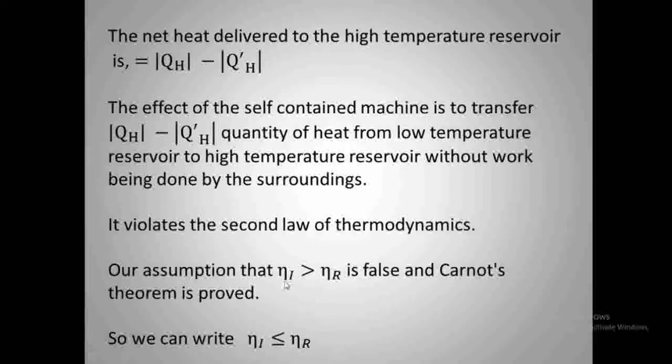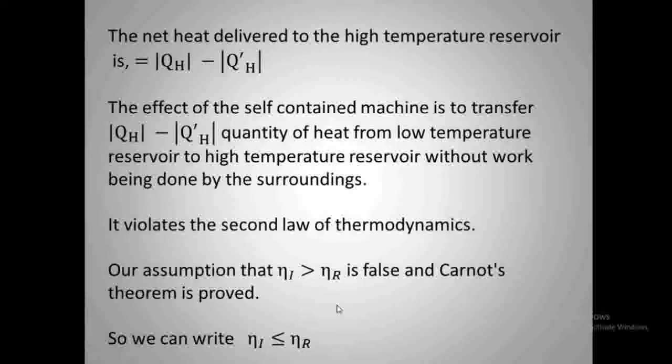Since our assumption is false, we are getting a false thing here, that is the violation. So we have to say that our assumption that eta I is greater than eta r is false, and the Carnot theorem is proved. What is the Carnot theorem? The Carnot theorem states that eta r should be greater than eta I. We assumed here that eta I is greater than eta r.